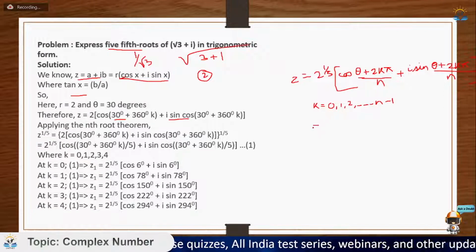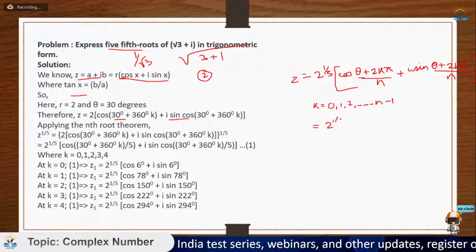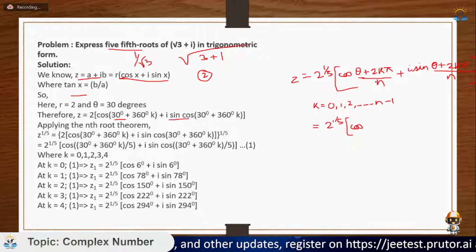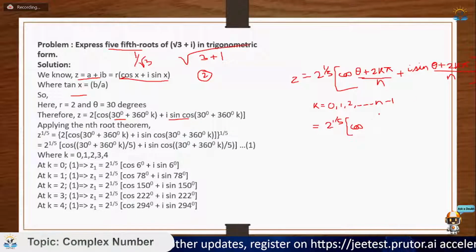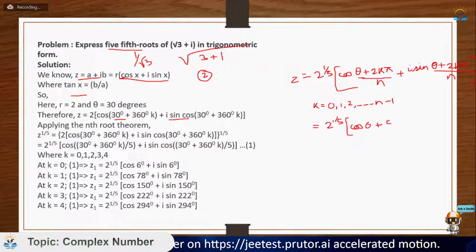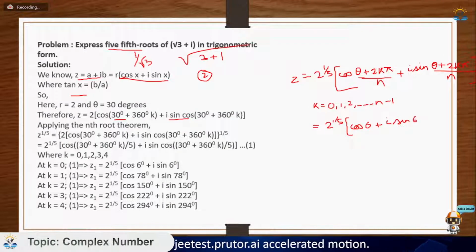So I will get z equal to 2 power 1 by 5 times cos of theta, which is 30 degrees. Putting k equal to 0, I will get 30 upon n. n is 5, so 30 upon 5 is 6 degrees. So cos 6 plus iota sin 6. This is my first root.